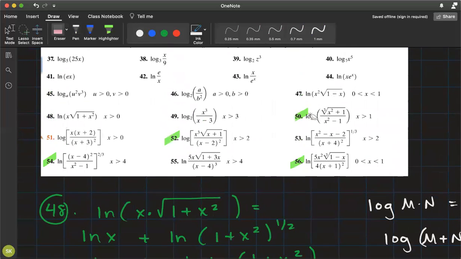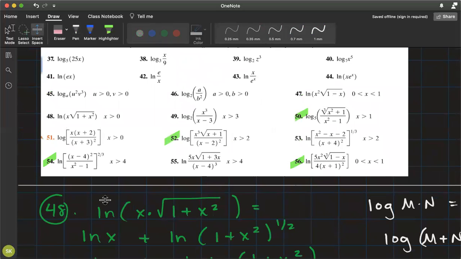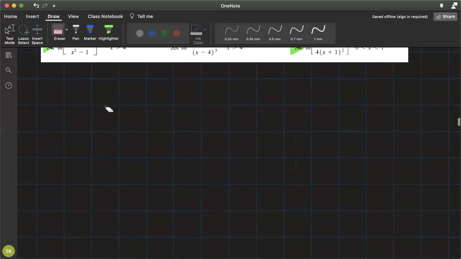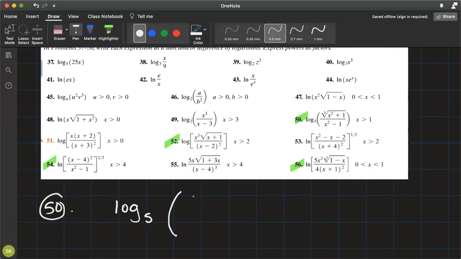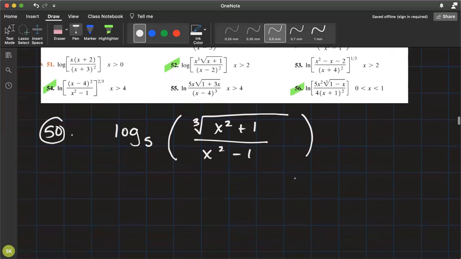Okay, let's try problem 50. So 50 says we have the log base 5 of the cubic root of x squared plus 1 over x squared minus 1. How can we break this up?